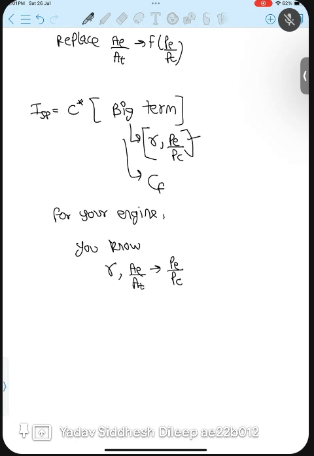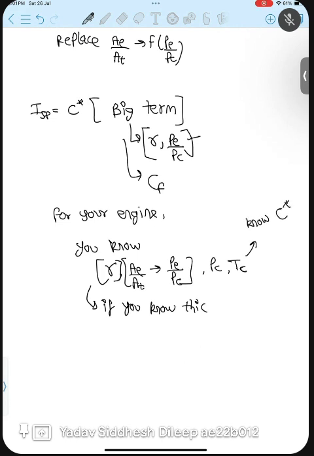And basically you know PC, which is set by you, and you know the chamber temperature, then basically you know C star.